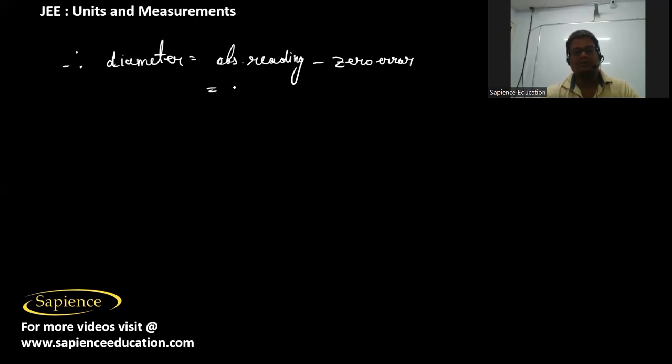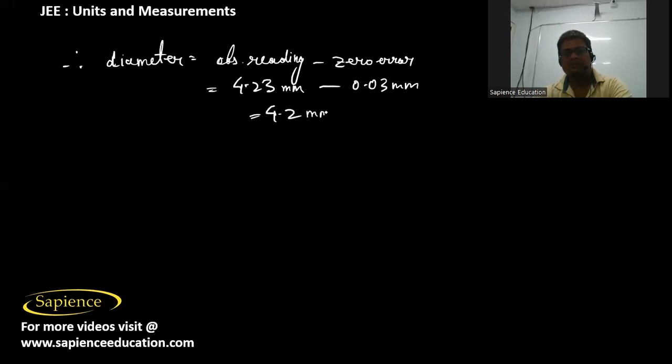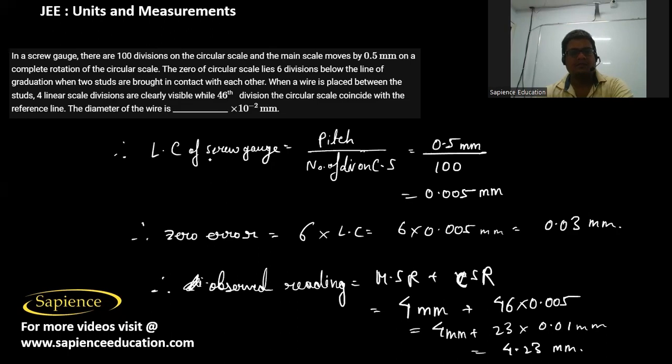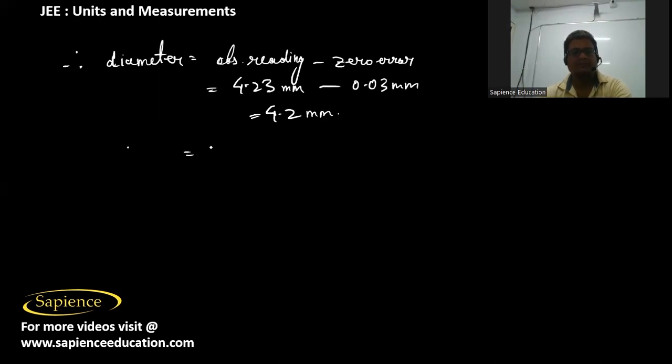So that will be 4.23 millimeter minus 0.03 millimeter, that is 4.2 millimeter. Therefore the diameter of the wire is 420 into 10 power minus 2 millimeter.